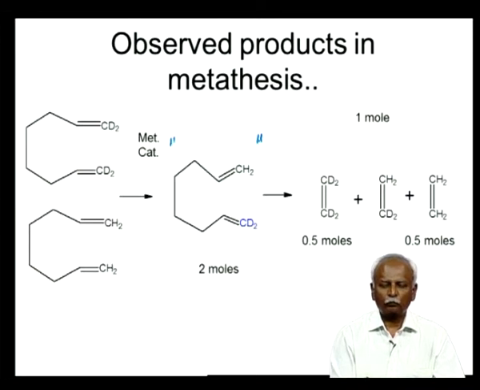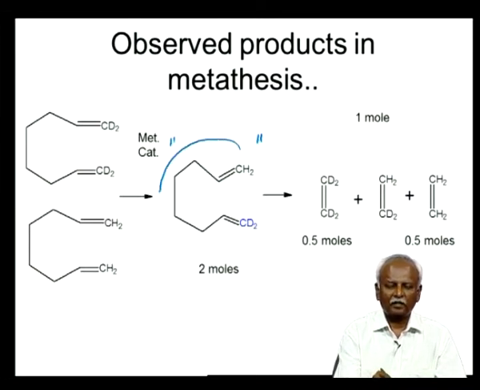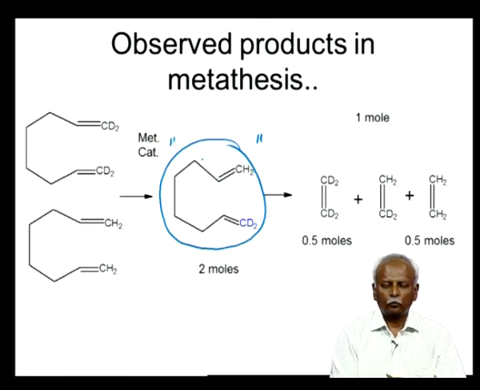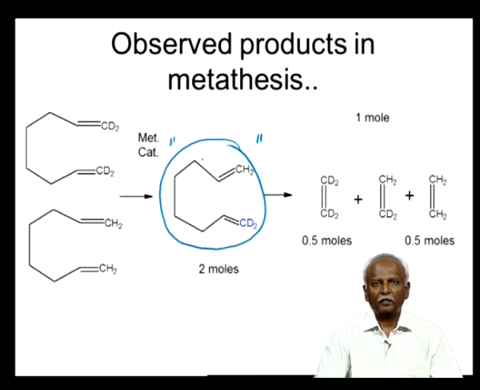So, how can you account for the formation of species like this? So, this is in fact not acceptable for the tetracarbene. If the tetracarbene intermediate was the only intermediate, then this cannot have been formed.